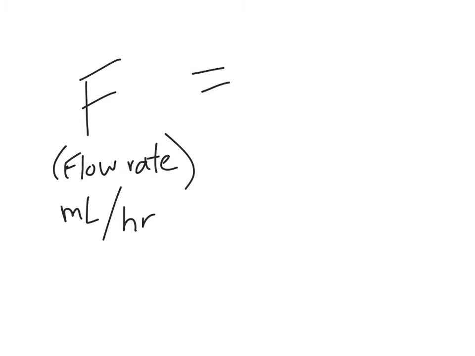Starting with a short and sweet example, let's say I told a nurse that they need to make sure the patient is getting 200 milliliters over the course of a total of 2 hours. So a short IV, but they're getting 200 milliliters over 2 hours.